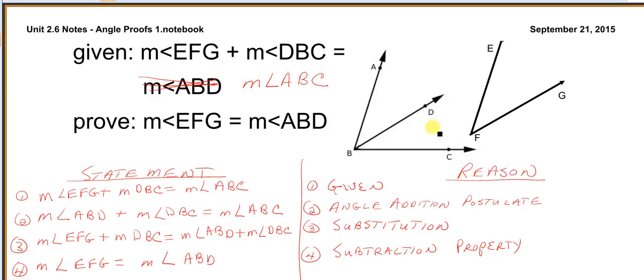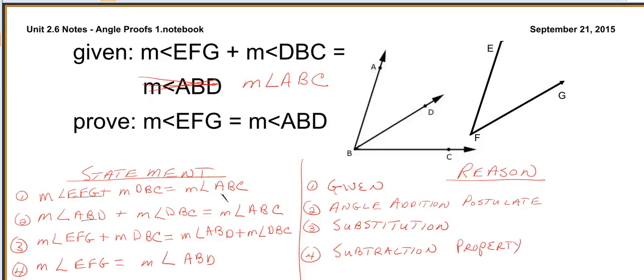Now then, you can see that here's my given, and the given said that these two angles added together equal the measure of angle ABC, and what I just saw from the angle addition postulate was that two different angles add to be ABC. Well, since both of these are ABC, these two must be equal to each other.